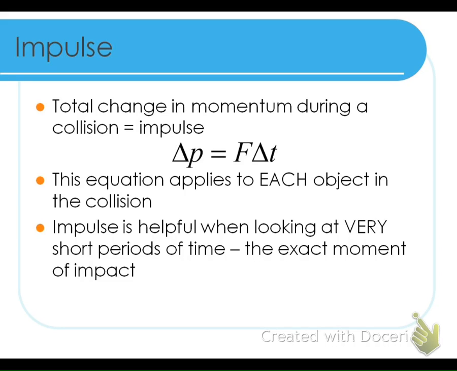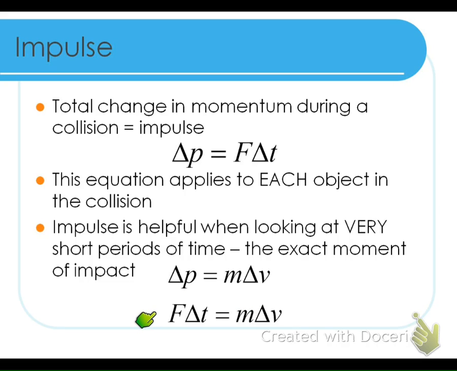What we're going to do now is combine our equations for momentum and for this change in momentum. So we know our original equation for momentum was P equals m times v, okay, momentum equals mass times velocity. Now putting a delta in front of it just means our change in, okay, or final minus initial. So when we look at this, the change in momentum is mass times the change in velocity, okay, or final velocity minus initial velocity.